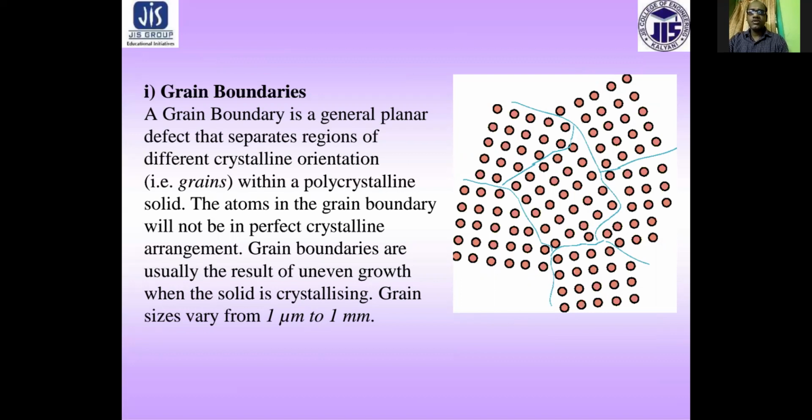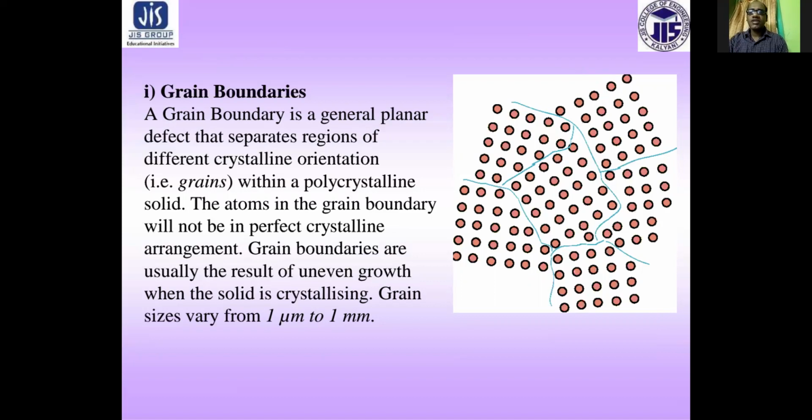A grain boundary is generally a planar defect that separates regions of different crystalline orientations, that is grains, within a polycrystalline solid. The atoms in the grain boundary will not be in perfect crystalline arrangement.